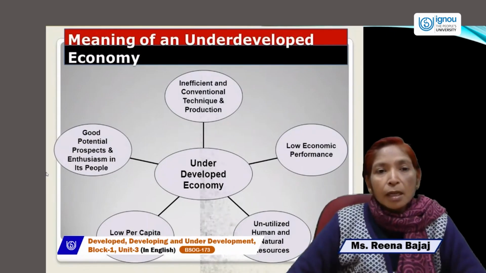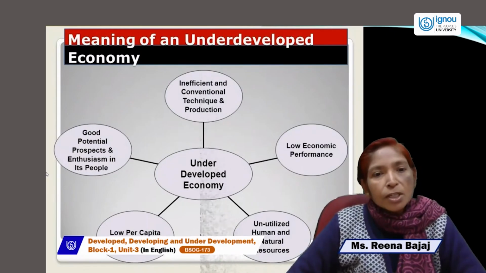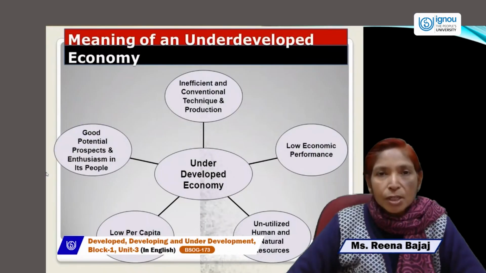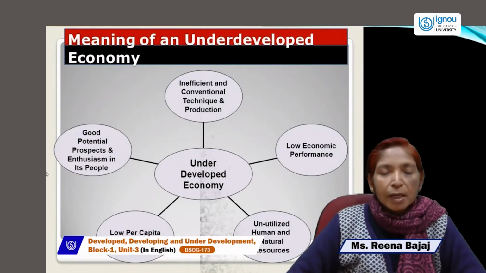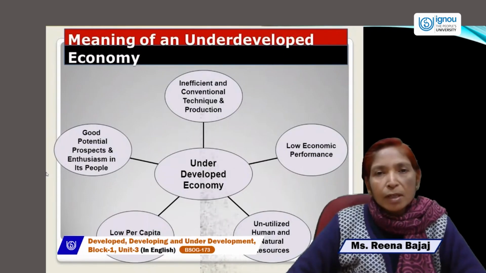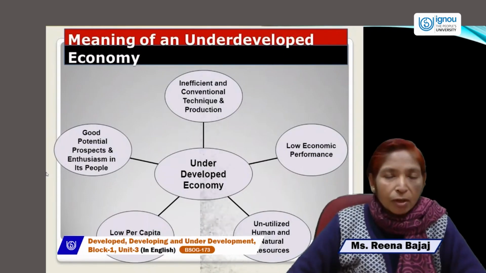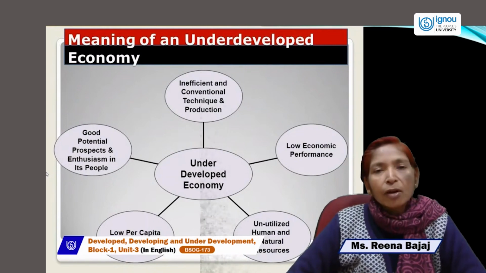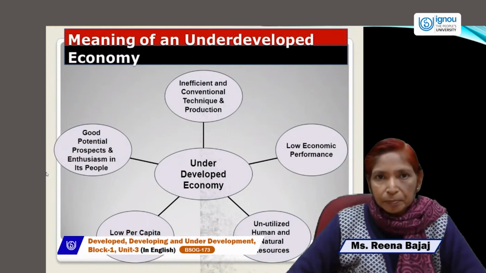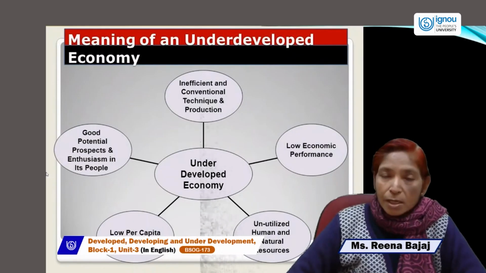and inefficient, and conventional techniques of production are used by underdeveloped countries. An underdeveloped economy always uses inefficient, backward and conventional technologies for the production of goods and services due to the lack of capital formation. They have less capital due to less national income and less per capita income.